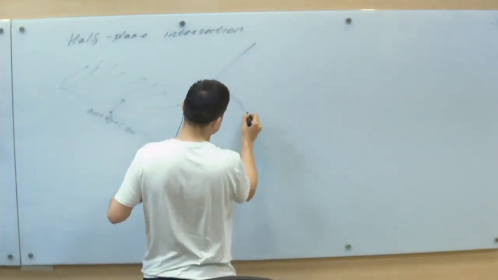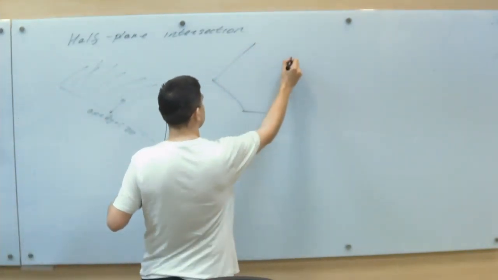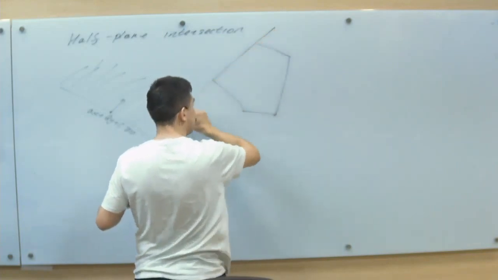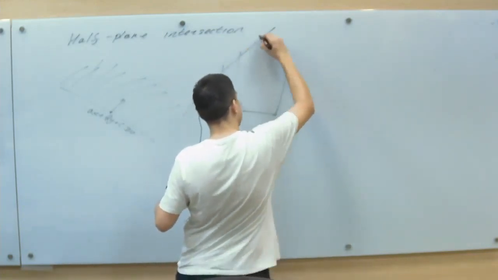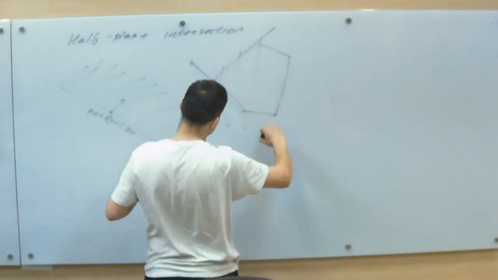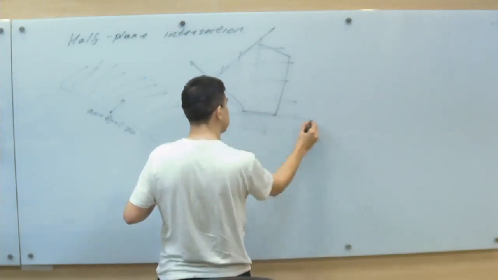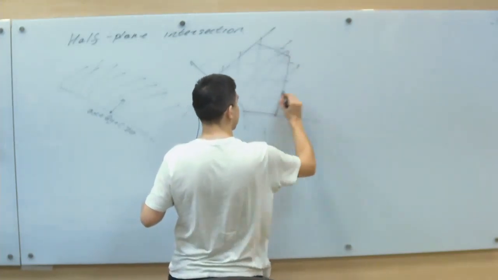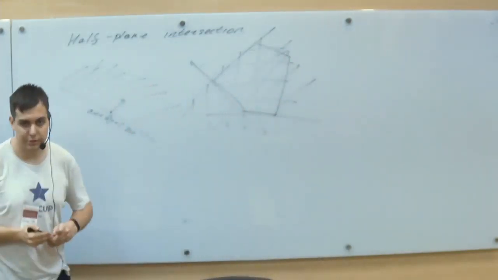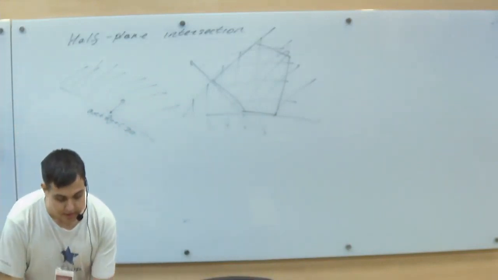So the convex polygon is just this half-plane intersected with this half-plane, with this one, and so on. So you get it.